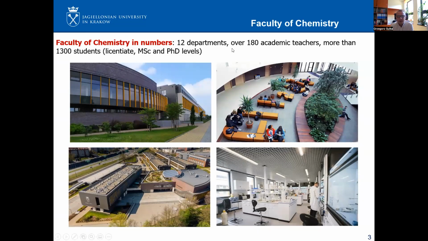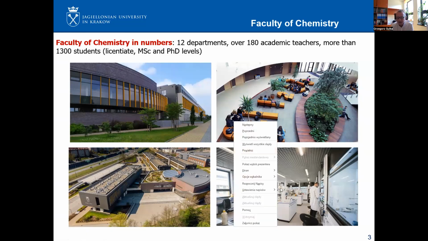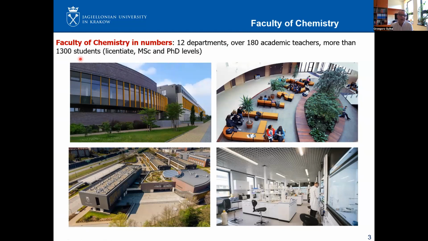We've got 12 departments. The faculty employs over 180 academic teachers, and we teach about 1,300 students at all levels of studies. The faculty is located in a relatively new building, as you can see in some pictures here.